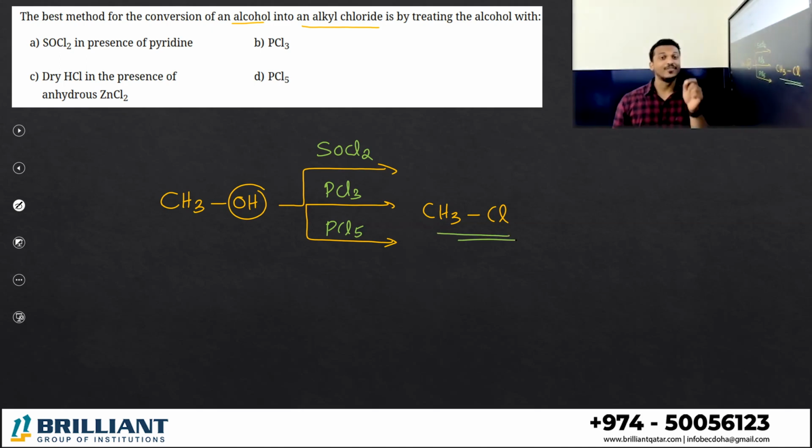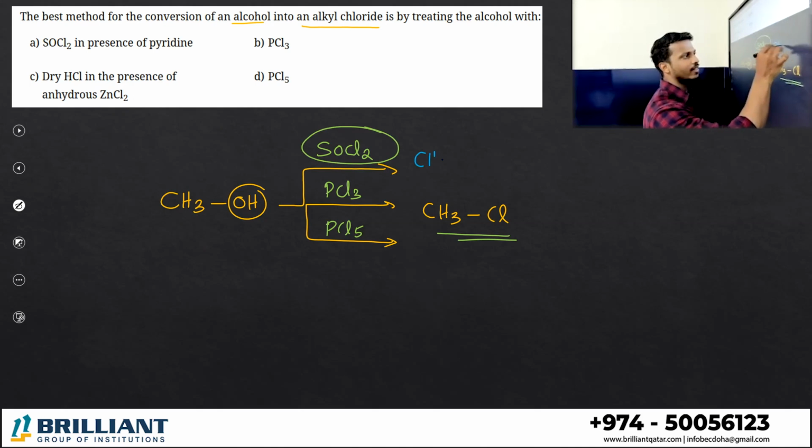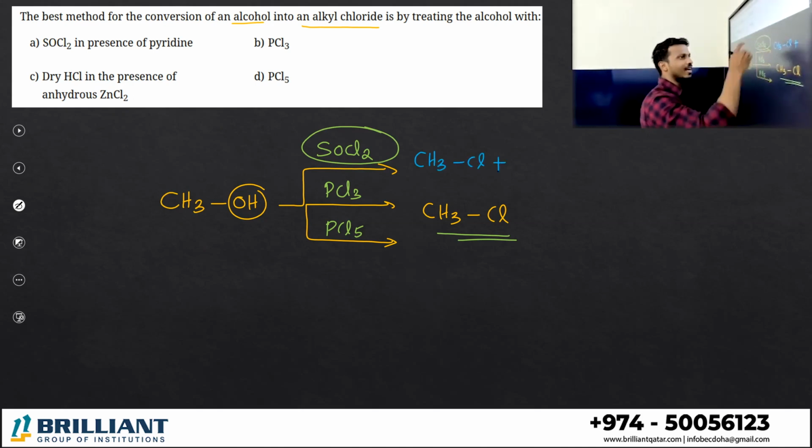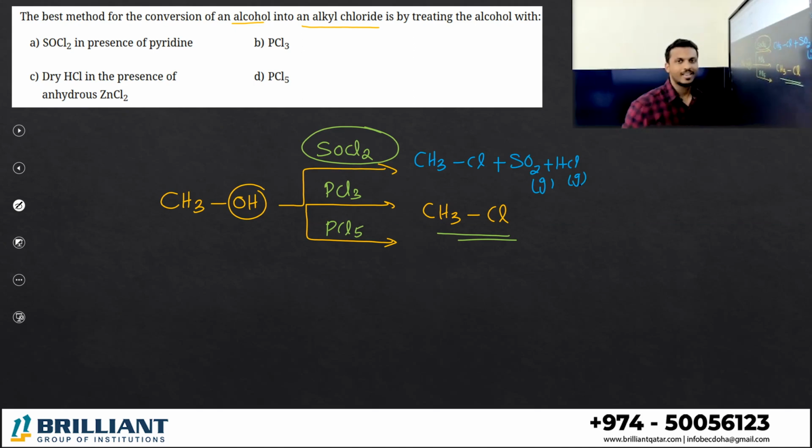But you studied which is the best method. The best method is which one? Thionyl chloride. Why? When you treat an alcohol with thionyl chloride, you will get the haloalkane plus what byproducts? Sulfur dioxide and also HCl. You studied that both are gases. They are escapable gases, right?